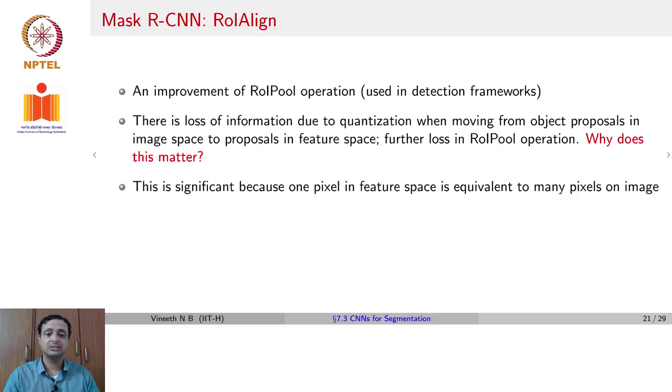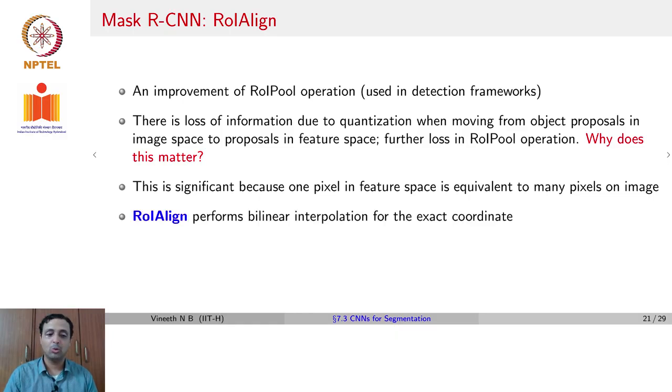This matters because one pixel in feature space could be equivalent to many pixels on an image because the feature space is smaller in later convolutional layers when compared to the initial input. When you try to get a mask, these few pixels can bring a significant error in the final performance.